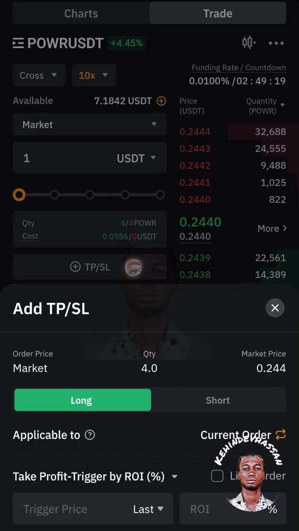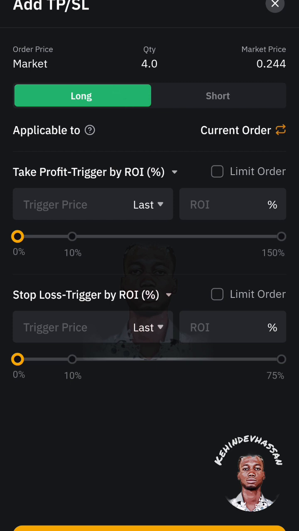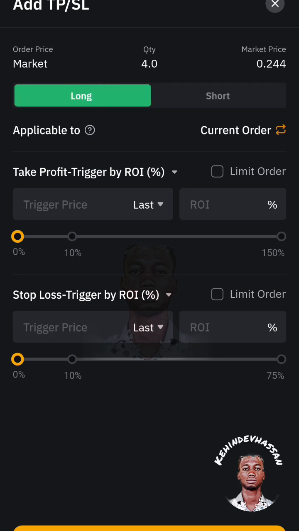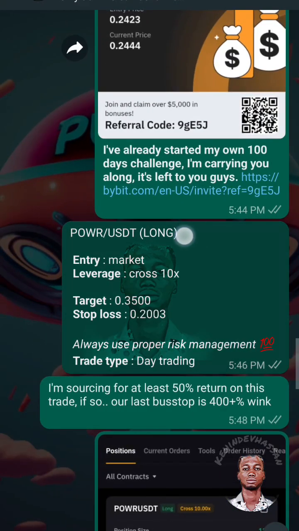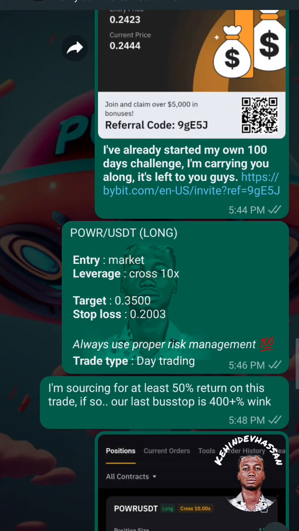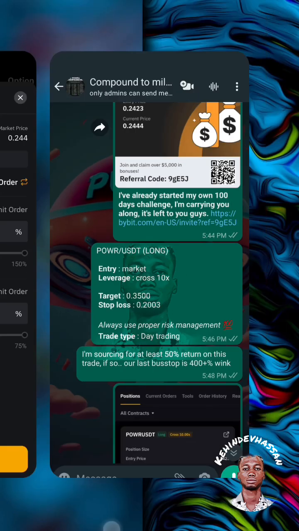We have our long menu and our short menu. Long means buy, short means sell. On this particular signal we are going on long, and our target price is 0.35. Target is the same as take profit, which is TP.